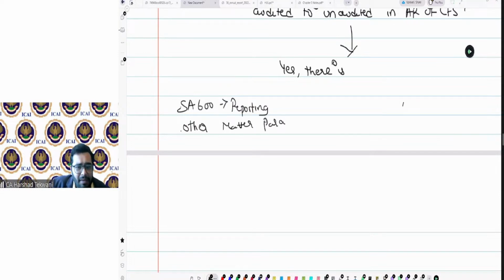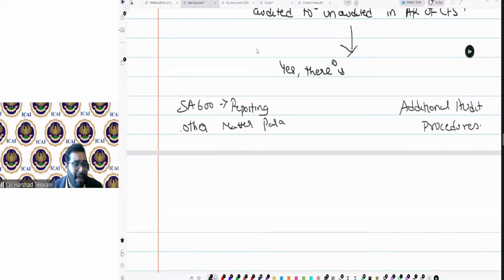Second is additional audit procedures. If it is unaudited, then based on materiality, I need to decide whether I need to perform any additional audit procedures or not. And number two, with respect to reporting in the other matter paragraph as per SA 800.